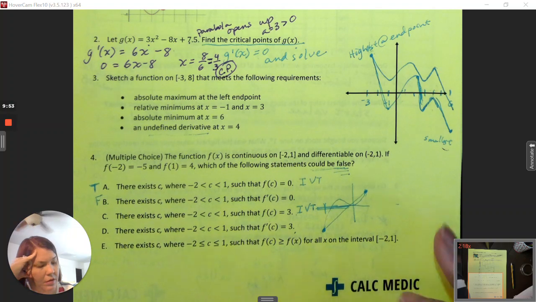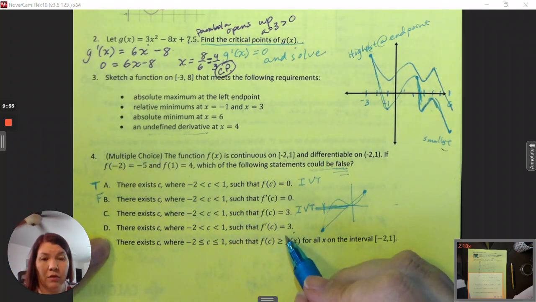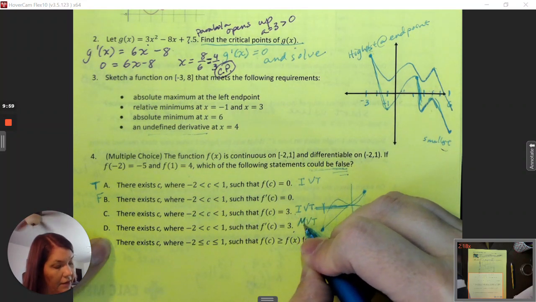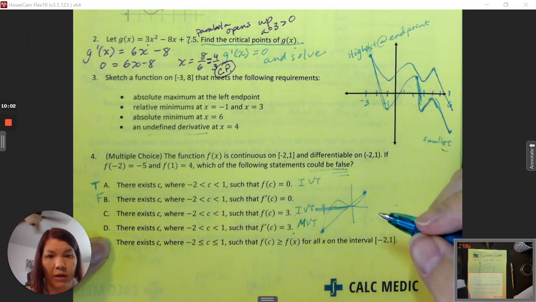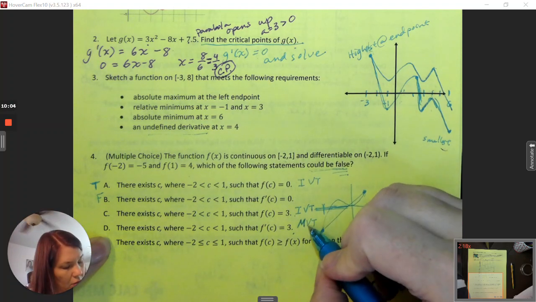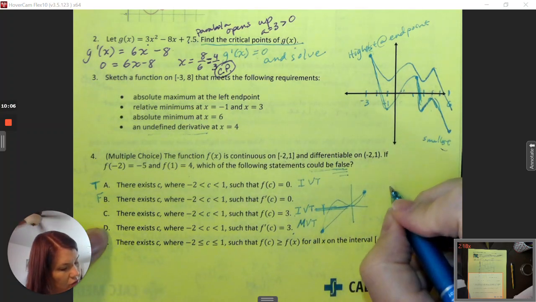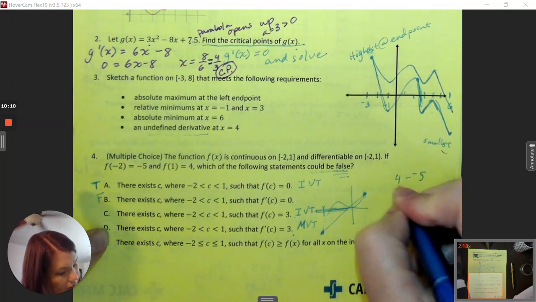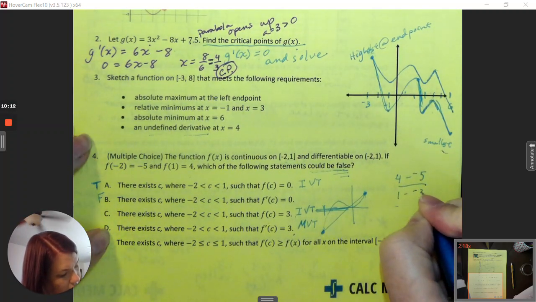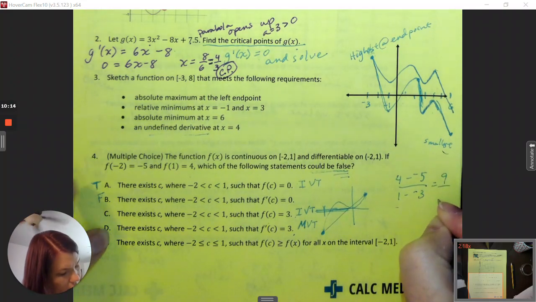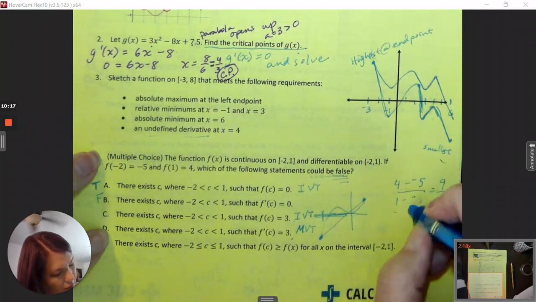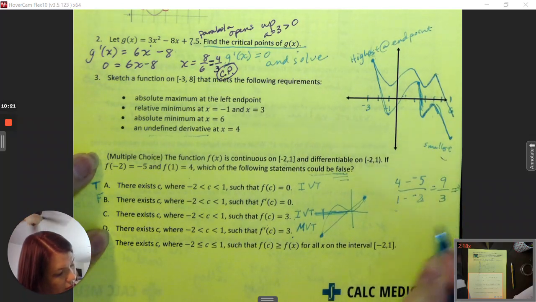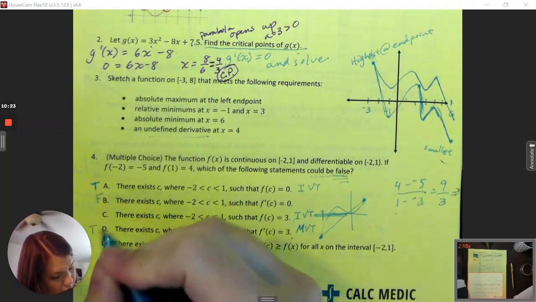I think they're trying to get you for MVT, which we learned in class live on Monday. So let's just do the average rate of change. We've got 4 minus negative 5 over 1 minus negative 2, which is 9 over 3, which is 3. So yes, that one's true.